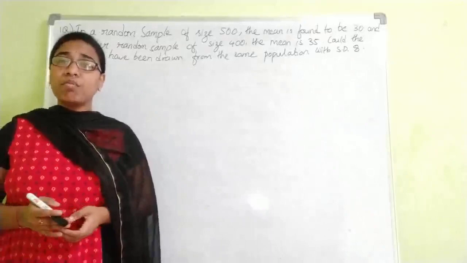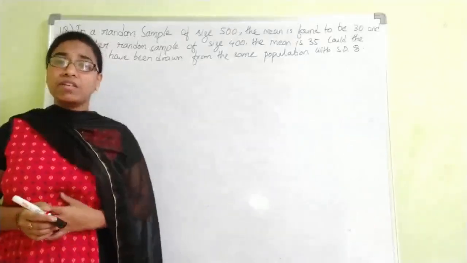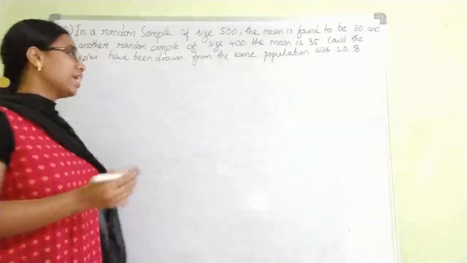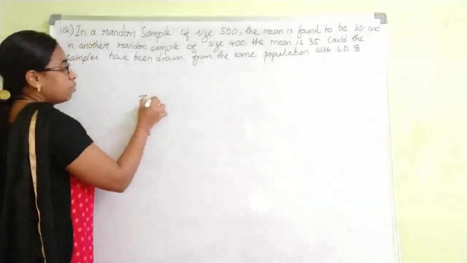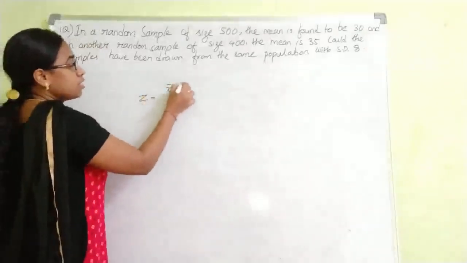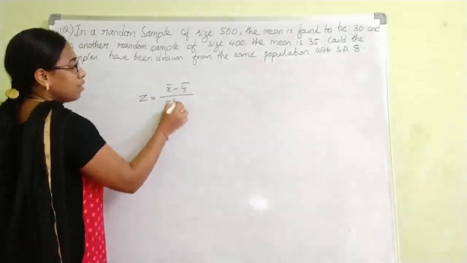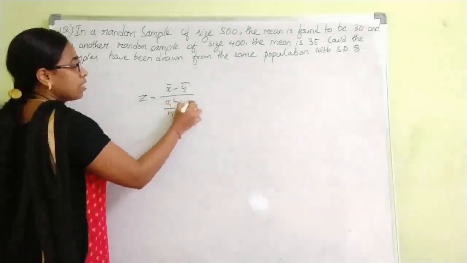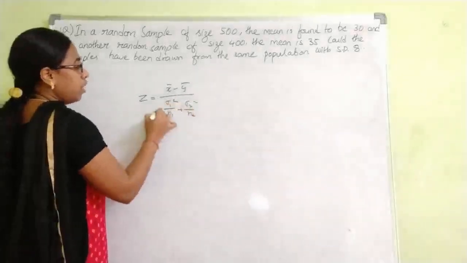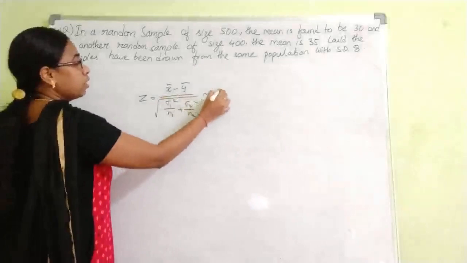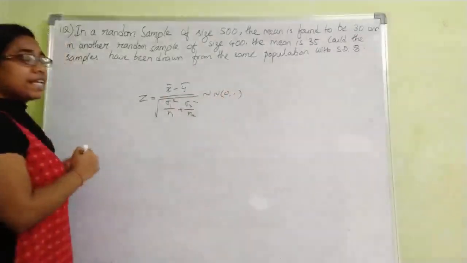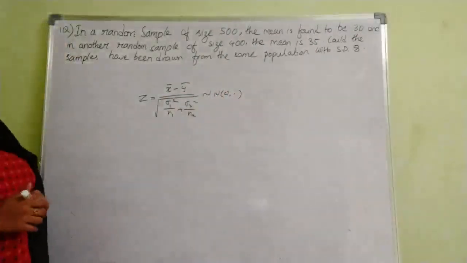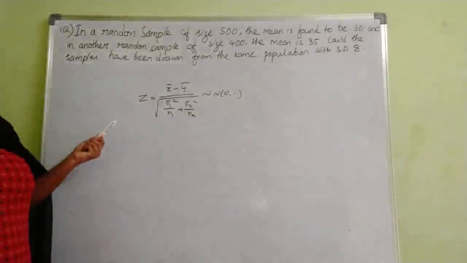So we substitute these values in the test statistic and we get the test statistic as z equals x bar minus y bar divided by the square root of sigma 1 square by n1 plus sigma 2 square by n2. This is the general test statistic, and for it we have three different cases.